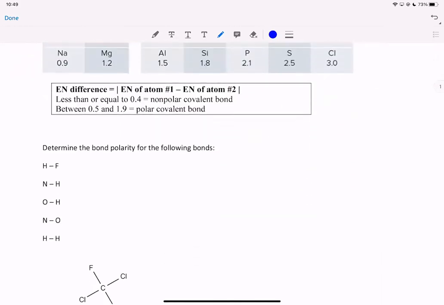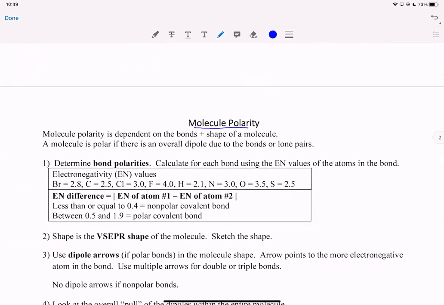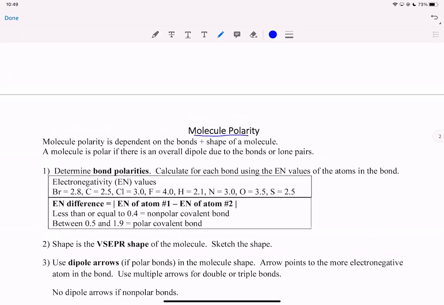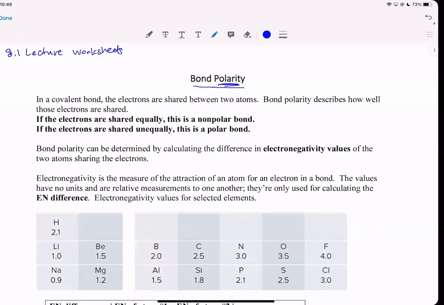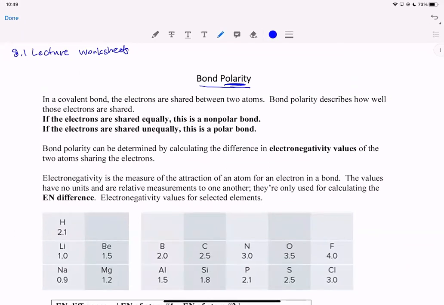When we go on to molecule polarity, this has to do with the electrons in the entire molecule. We're not going to start with it, though; it starts off with understanding the bond polarity. Even though the word polarity is in both, the way bond polarity is determined is very different from the way molecule polarity is determined.